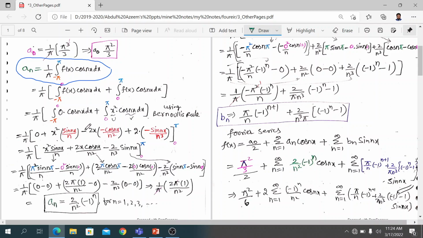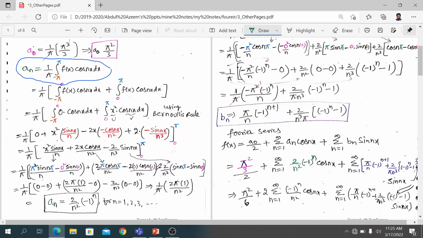So minus into minus is plus here, and next, integration of minus cos nx is minus sin nx by n cube. So x square sin nx by n, plus minus into minus plus 2x cos nx by n square, plus minus minus 2 sin nx by n cube, from 0 to pi.